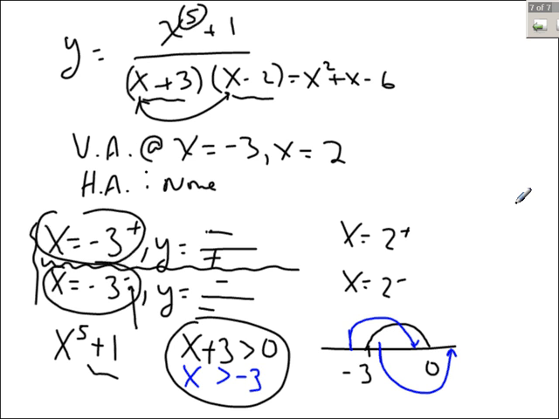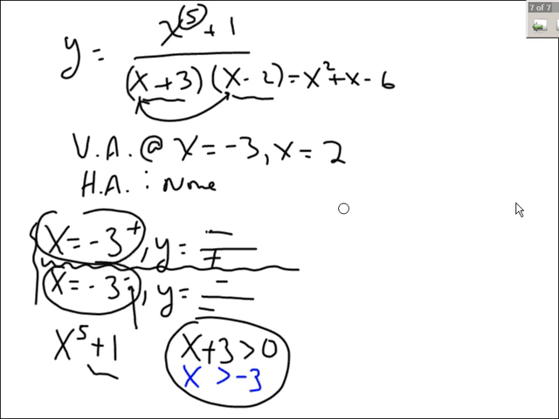Now what about the last factor? X minus 2. Well, this is positive when x is bigger than 2. But if you're anywhere near -3, you're not bigger than 2. That means you're going to be negative.